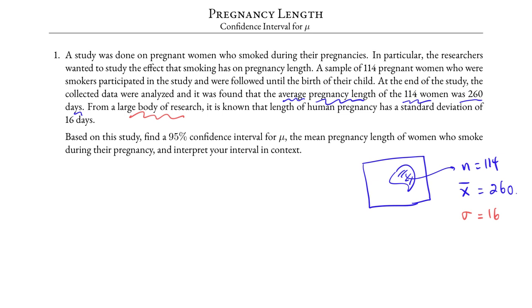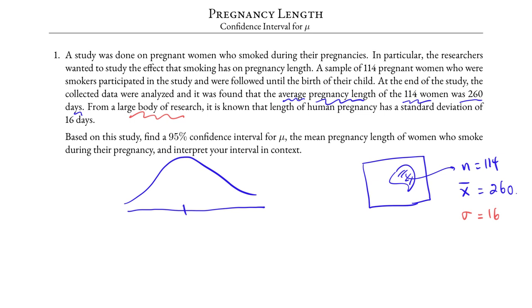Based on this study, find a 95% confidence interval for mu, which is the mean pregnancy length of women who smoke during their pregnancy, and interpret your interval in context. To construct the 95% confidence interval for mu, we're going to use the empirical rule, or the 68, 95, 99.7 percentage rule.